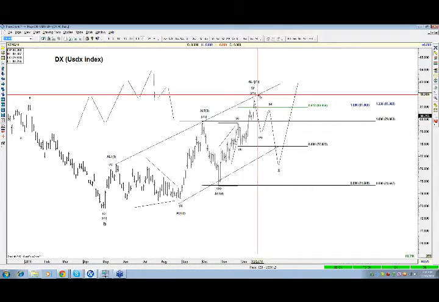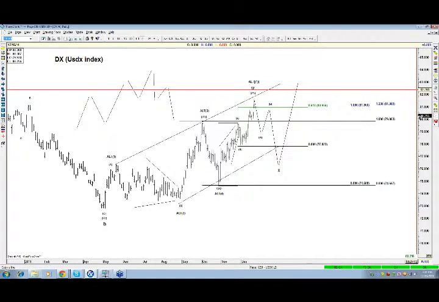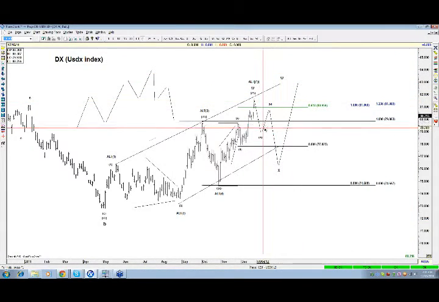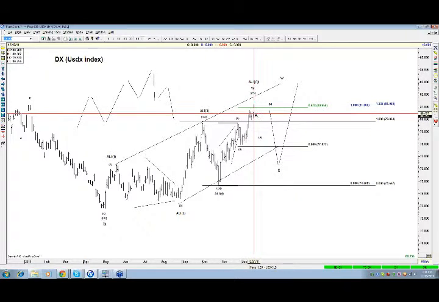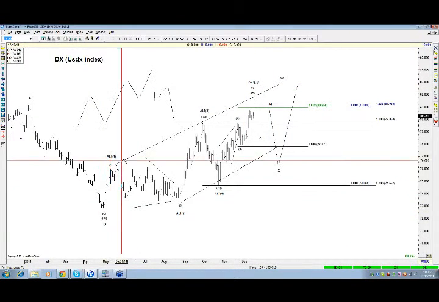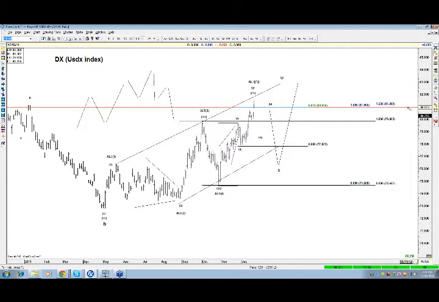Every time that you see this, let me put it to you so you guys do not get confused. In other words, what I'm trying to say is that if it's corrective, technically you always need to give the benefit of the doubt to the downside. But as it is right now, what I see is 5 swings.